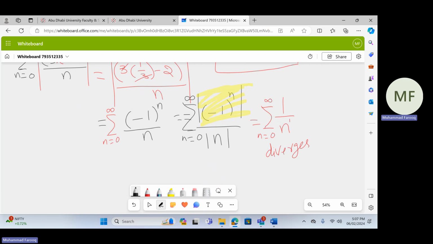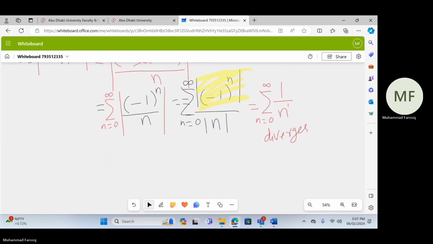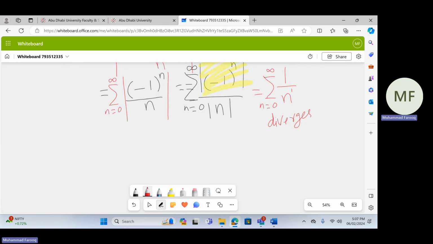First, we check with absolute value. With absolute value, we have come to know it is what? Now, second calculation without absolute value. I just remove the absolute values, so my series looks like this one.